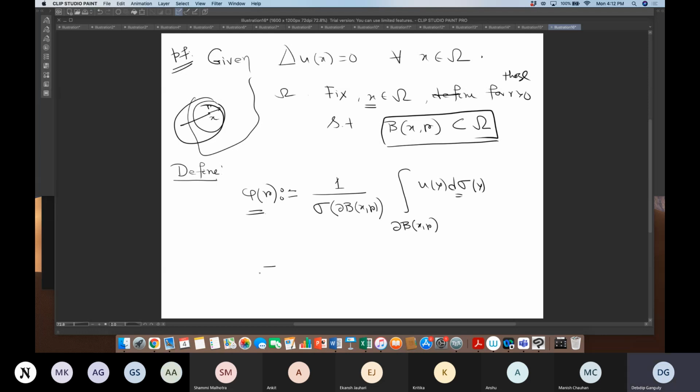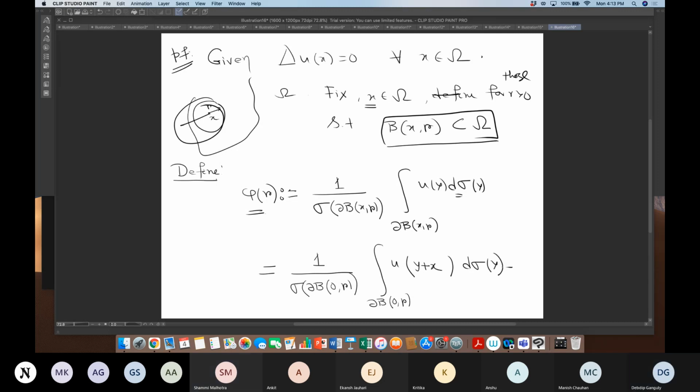Now I am writing this is equal to 1 by sigma of del B(0,r), integral over del B(0,r). What I should write? Interior. u of y plus x.